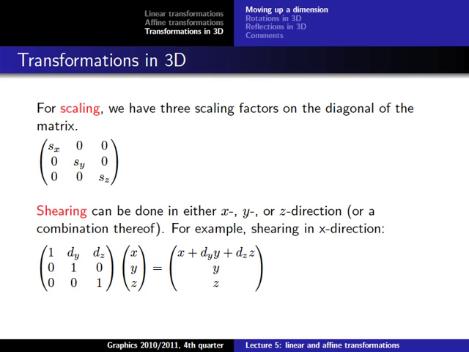And if we look at scaling, we see it's an obvious generalization, because if we want to scale it, we just have a third coordinate, we just have to add a third factor here, and since we only want to scale, all the other values are set to 0. So this is a pretty straightforward generalization. The same is true for shearing. We already looked at shearing across the z-axis in relation to the homogeneous coordinates.